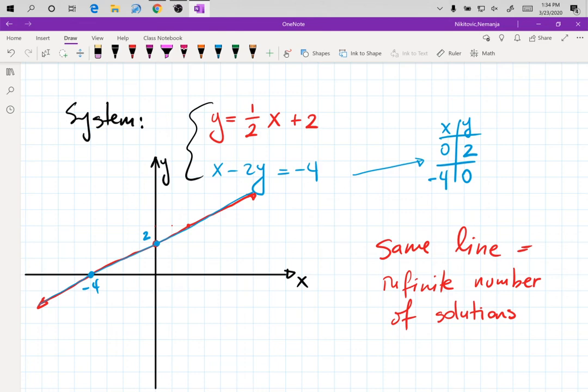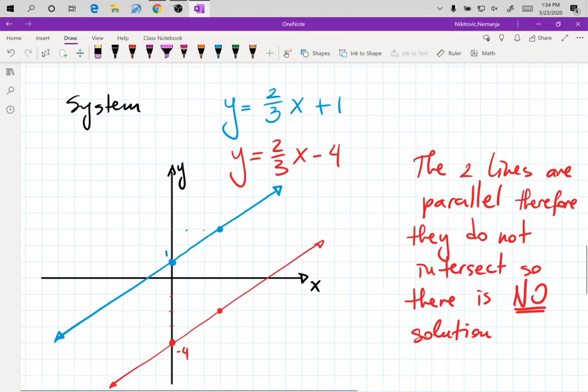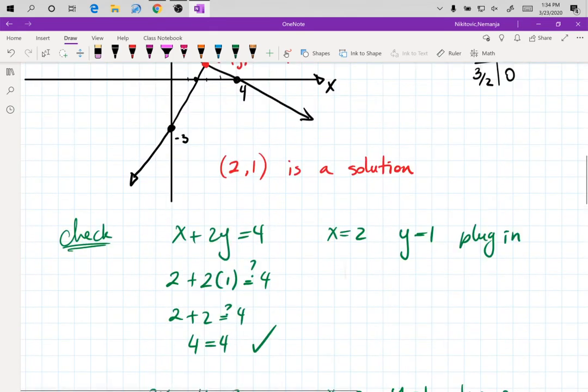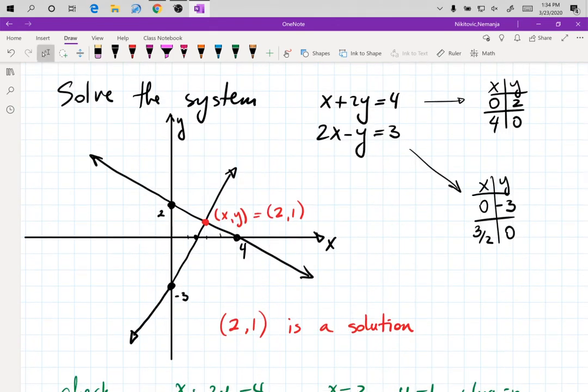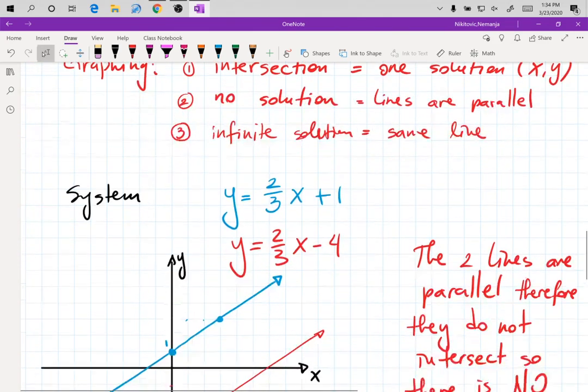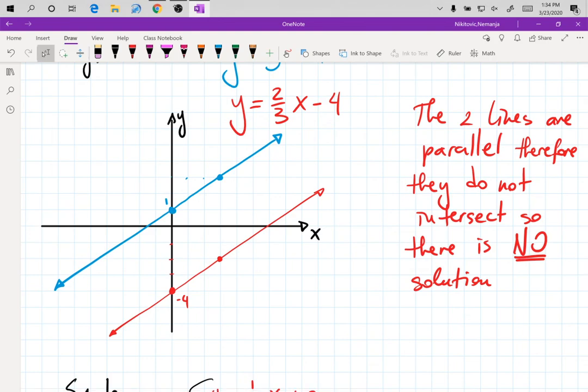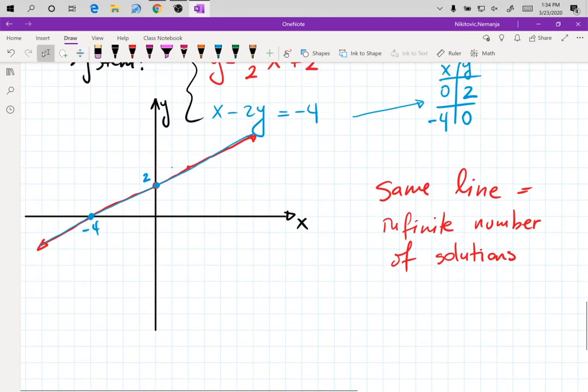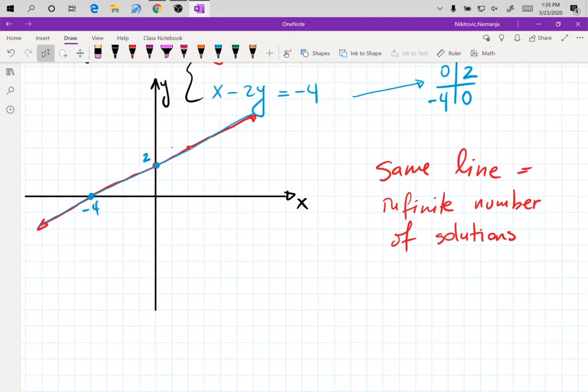So you have to know how to graph both types of lines. And over here you have 3 examples. Each example shows you a different situation. When you have one solution, when you have no solution when they're parallel, and finally when you have infinitely many solutions when it's the same line.